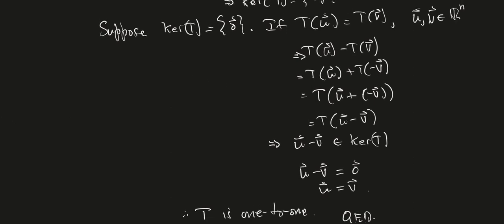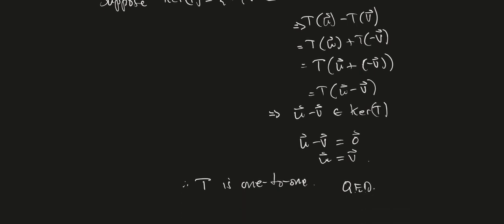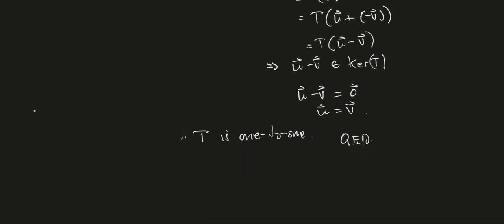So now let's actually describe a general process that we can use to identify when one of these linear transformations is both one-to-one and onto, right? So let's say this. Suppose our transformation from Rn to Rm has a standard matrix.